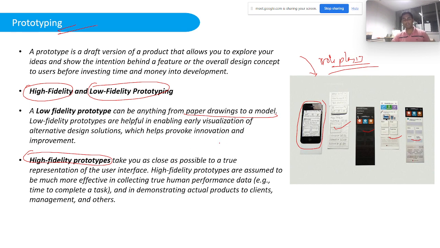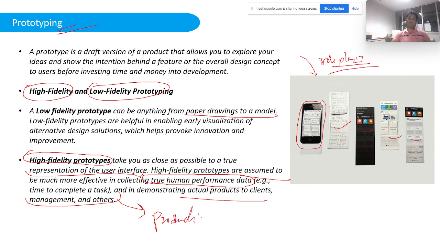Then you move ahead with high fidelity prototypes, which is something close to the actual presentation of your concepts. High fidelity prototypes can be used to collect actual true human information, the data. So you can conduct usability studies using high fidelity prototypes. And you can demonstrate the features and get feedback, and then go ahead with production ready prototypes.